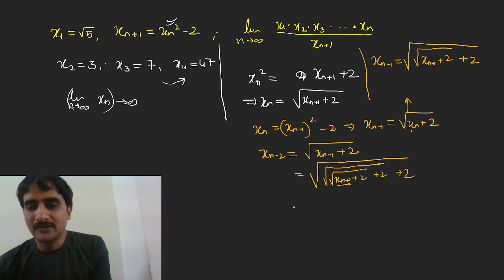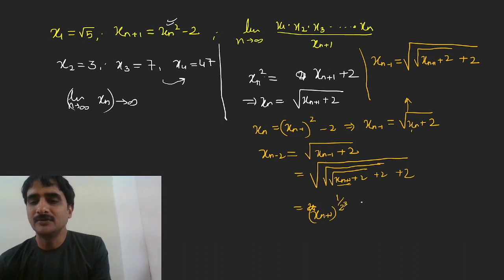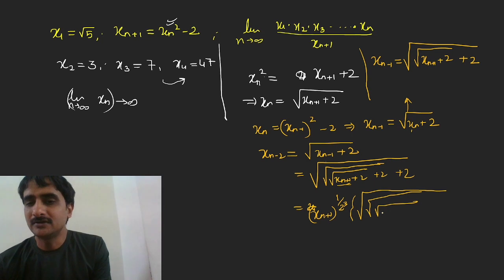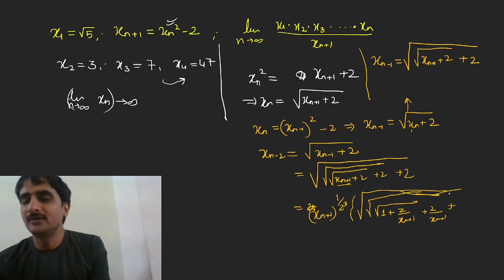So it will be 1 by 2 cube into under root of 1 plus 2 by xn plus 1, and so on till this point, plus 2 by xn plus 1.